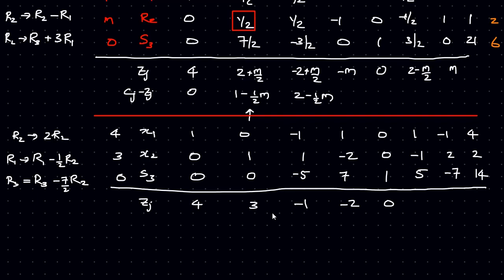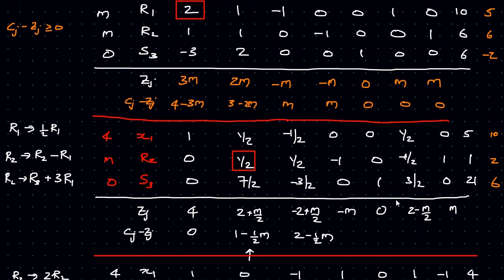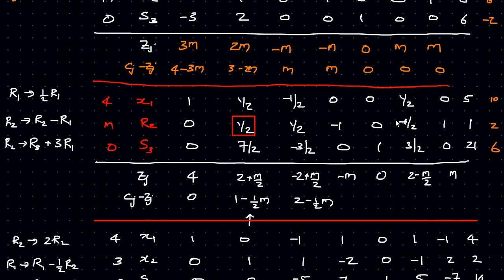So we have 1 over here, and then 6 minus 4, that will be 2. Now again cj minus zj, this becomes 0, this becomes 0, the corresponding cj was 0 here, so this becomes 1, this 2, 0, this will be m minus 1, and this will be m minus 2. Since we had these cj values over here, right?